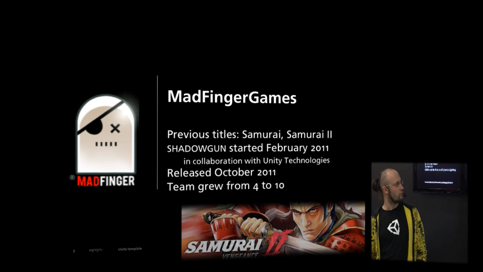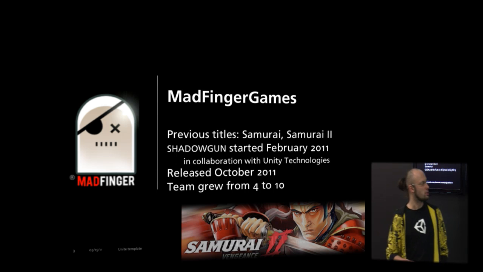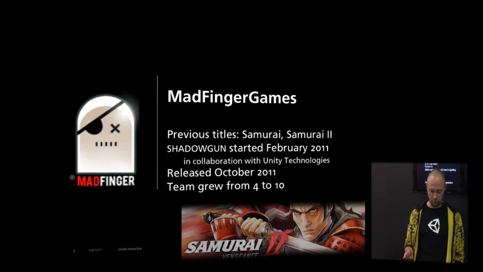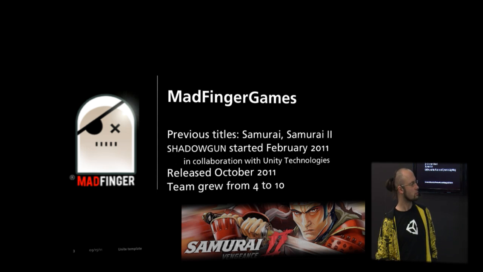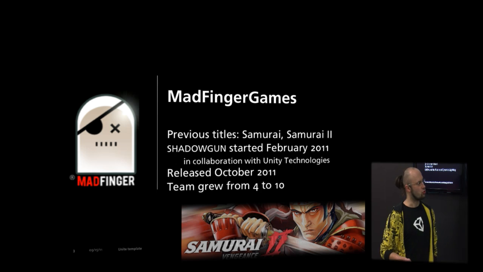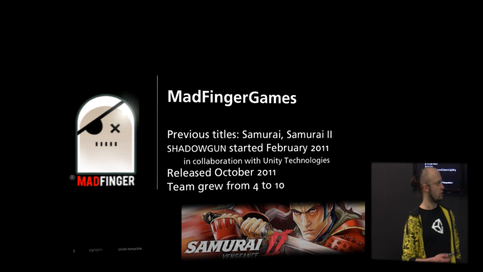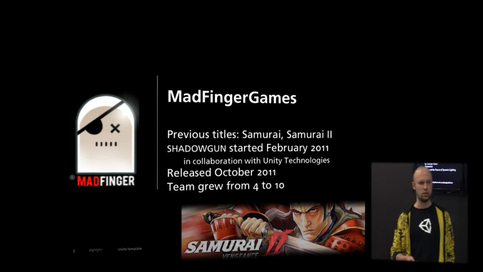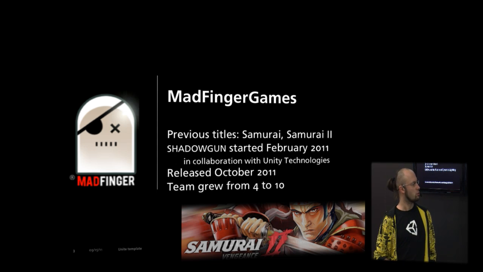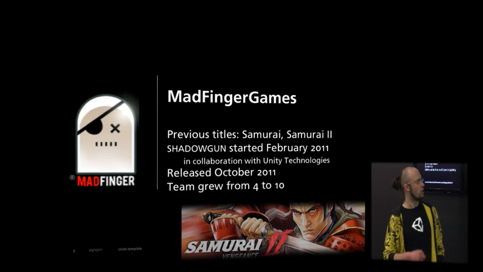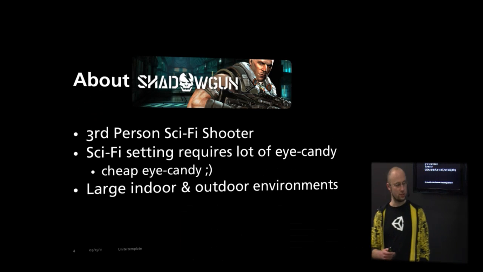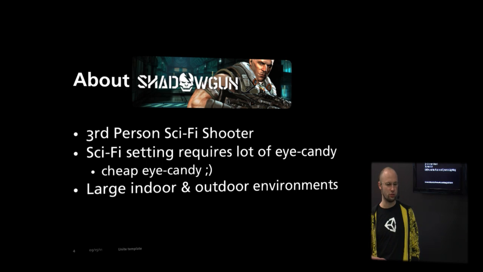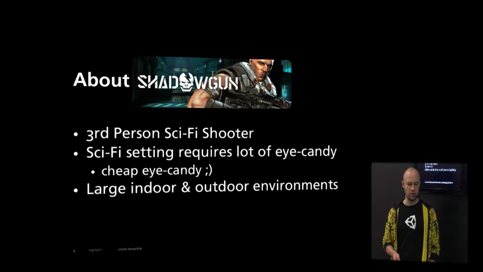Previously, Madfinger Games released Samurai and Samurai 2, and Shadowgun was their third project. They started as a small team, grew it a little bit, and it took them around 7 months to finish the game.